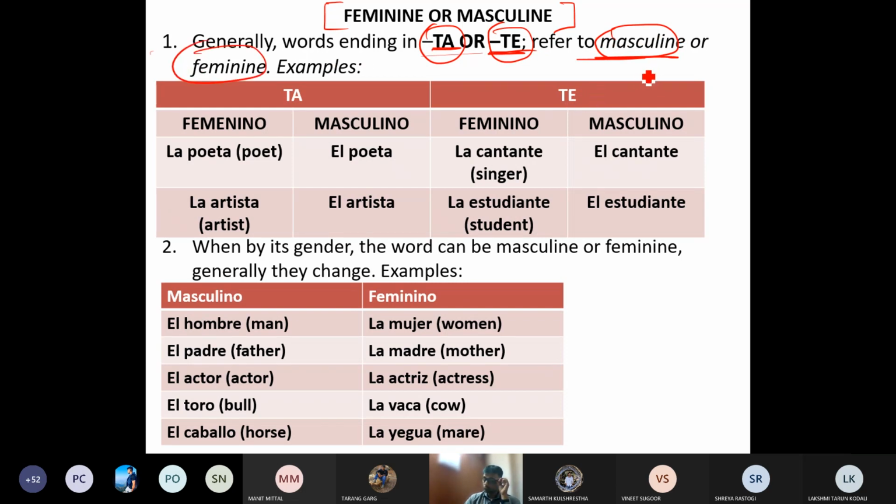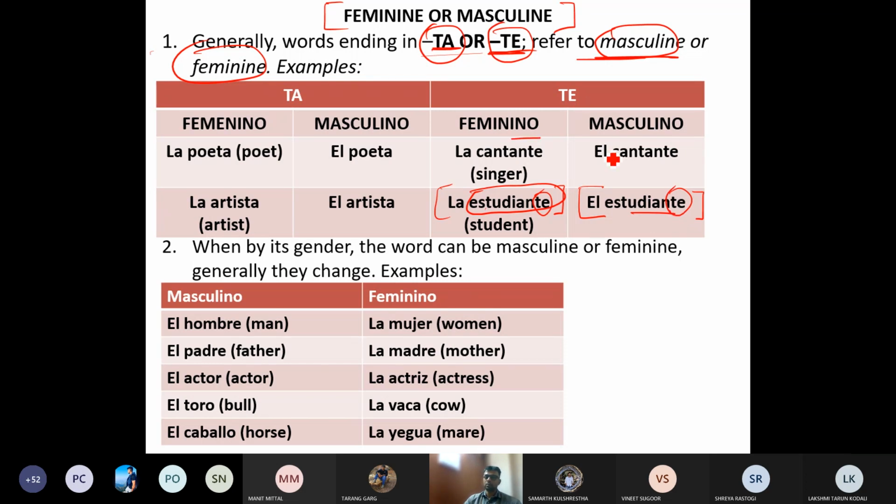One example we did earlier in the last topic was estudiante. I told you how la estudiante and el estudiante is different. When we use el estudiante, it means I am referring to a male student. When I am referring to a female student, I should use la estudiante. So only the article was changed and the word remained the same for both masculine and feminine.